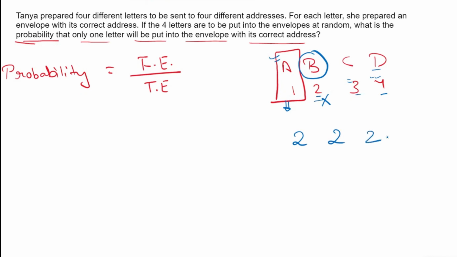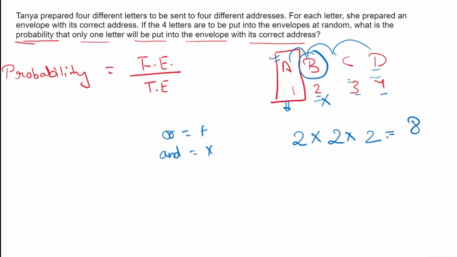Now my question is whether we have to add all these 2s or multiply them. Again, we apply the very basic thing that we have already seen. If the case is OR, we do addition. And if the case is AND, we do multiplication. Here we have to select A and B and C and D. That means it is a case of AND, meaning multiplication. So my favorable event comes out to be 8.